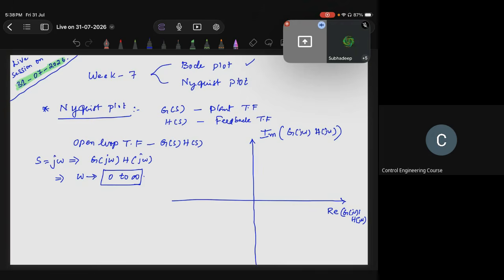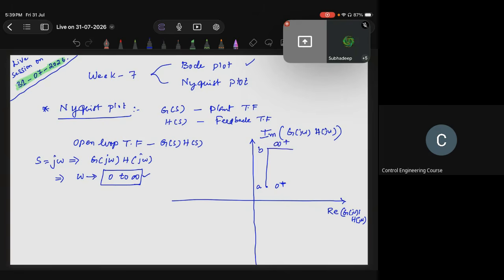Then what we do is we plot something like this. So I'm drawing this one. We start at some point which we call 0 plus, because we wanted to go from 0 to infinity. So we say that is A. Then we go to B, which is infinity plus.